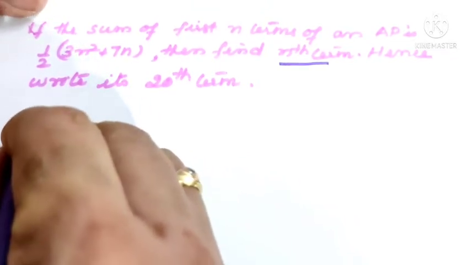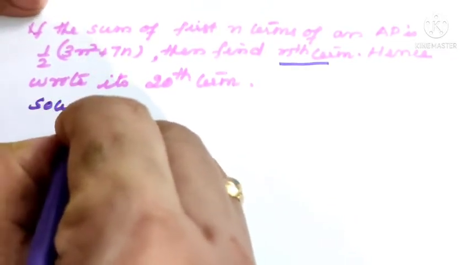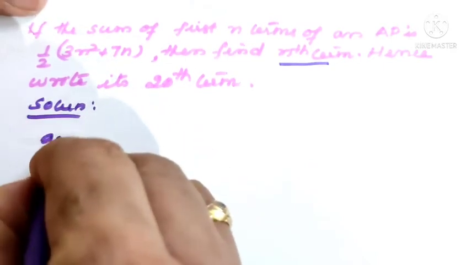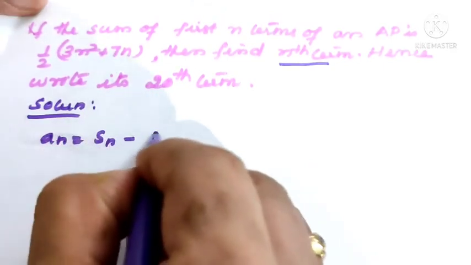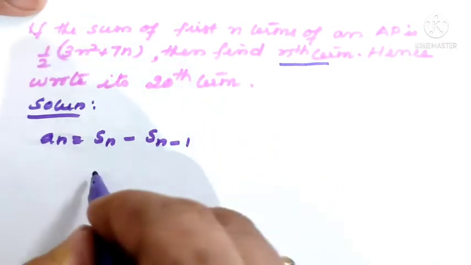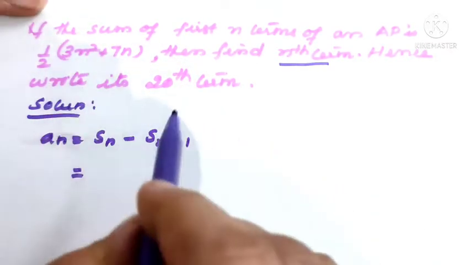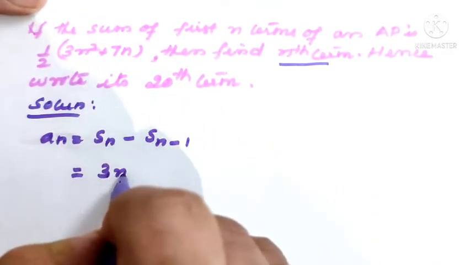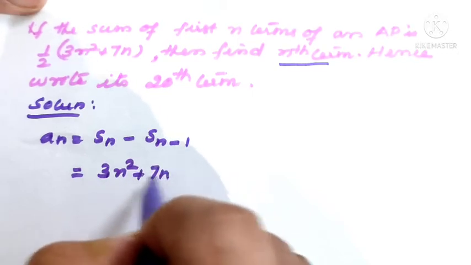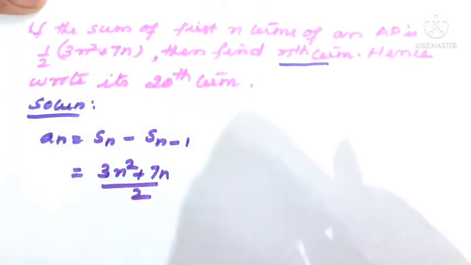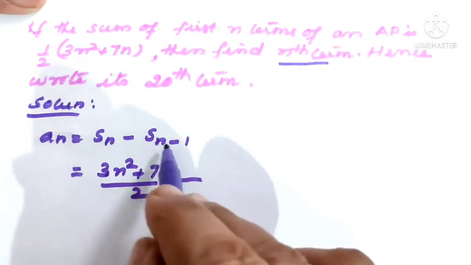An equal to Sn minus Sn minus 1. So Sn, there is no change from what is given in the question, 3n square plus 7n divided by 2, whole divided by 2, minus Sn minus 1.